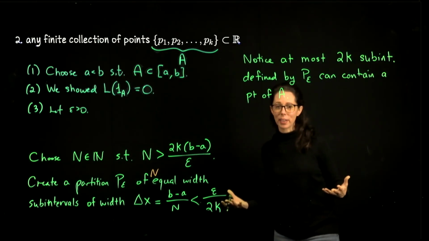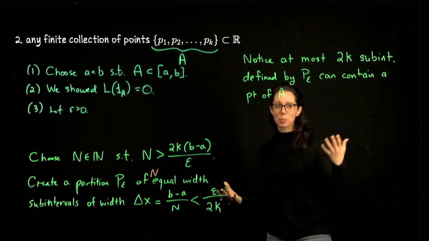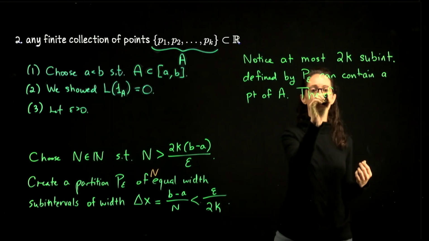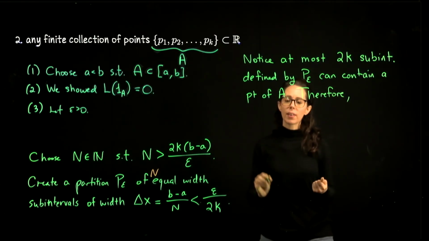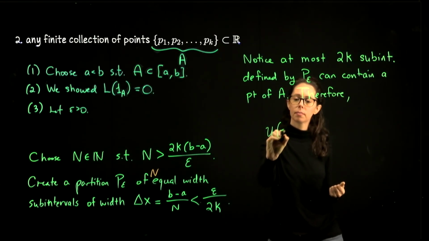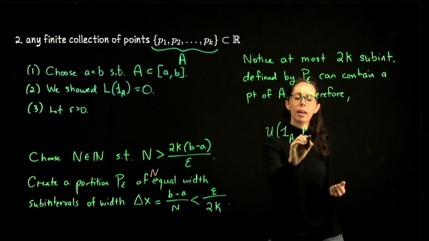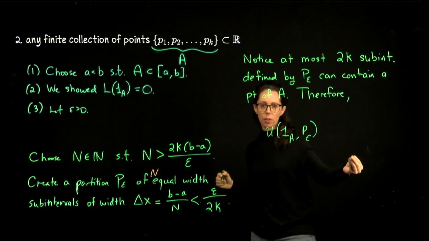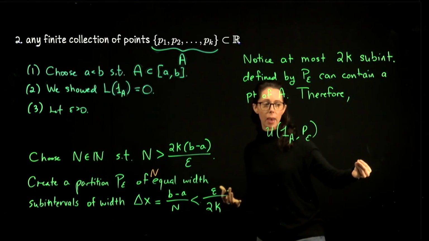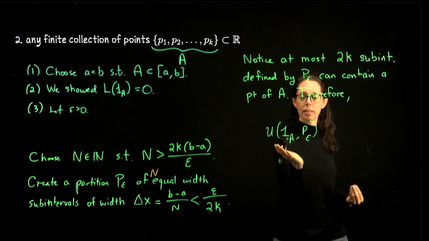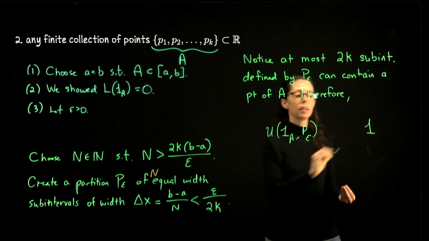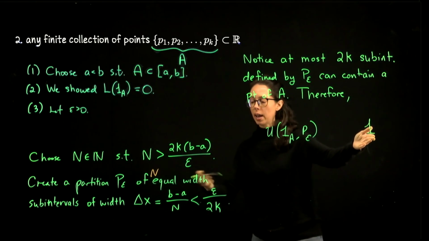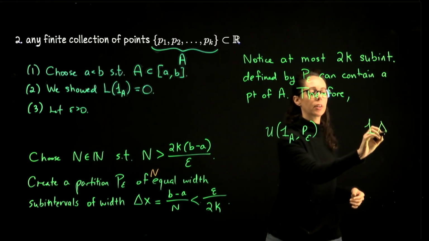What can we now say about the upper sum of the characteristic function of A with respect to this partition? Well, therefore, if I started trying to compute it, what we would find is that over any subinterval which contains a point from A, the supremum value for this characteristic function is 1. So if we write out the sum, all of those would say the sup is 1 times the width, let me just write delta x for now.